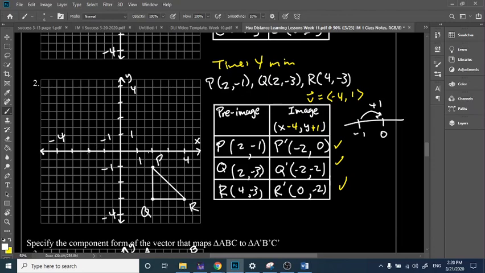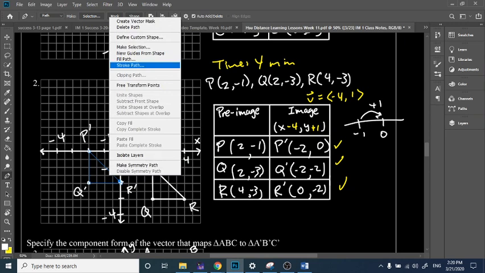Negative 2, 0. Negative 2, negative 2. And 0, negative 2. So that's P prime, Q prime, R prime. Connect them together. And we have our answer.